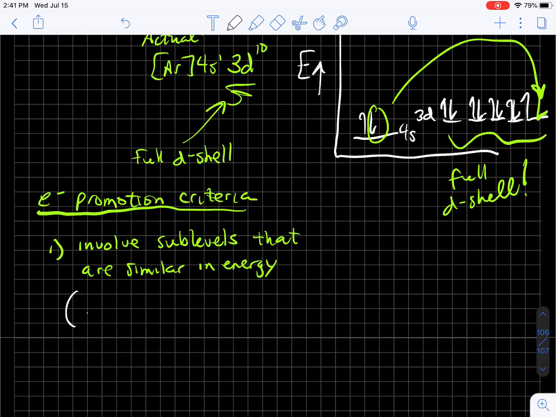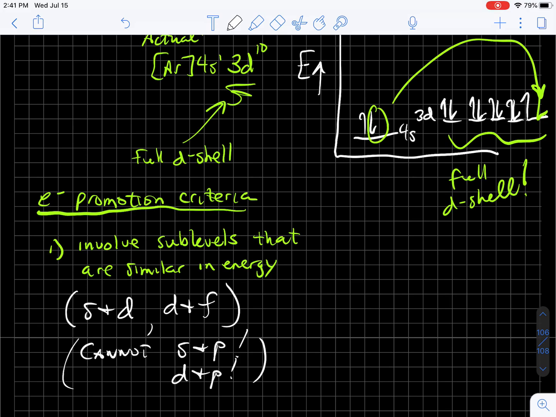So we could have electron promotion between an s shell and a d shell. We can have promotion between a d shell and an f shell. But we cannot have promotion between an s and a p, or from a d and a p. This is too big of an energy gap. So we cannot get promotion there. But between s and d and f, and we're only going to focus on the s and d part.